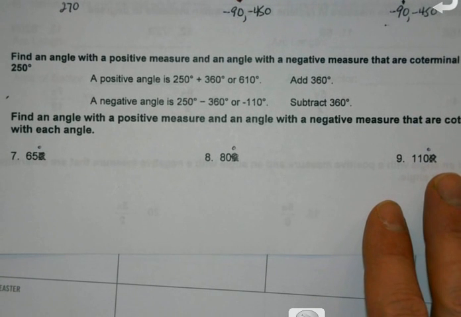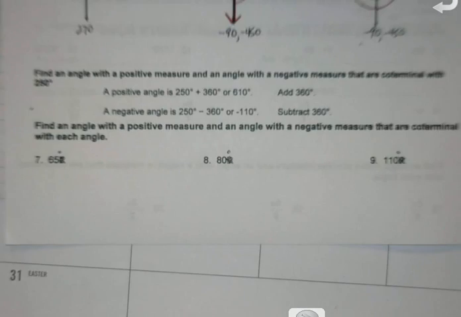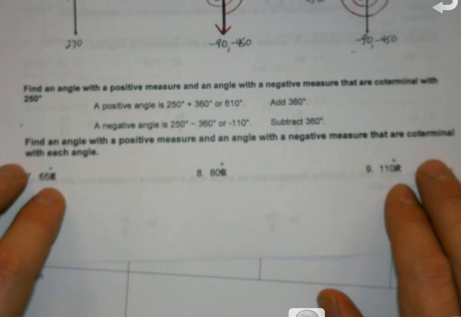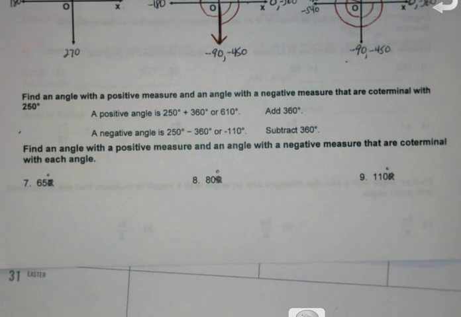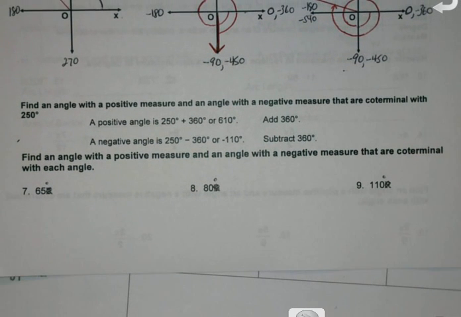All right, so find an angle. I'm going to zoom out a little bit here so we can see everything. So, once I get to here, we are going to find what are called coterminal angles.